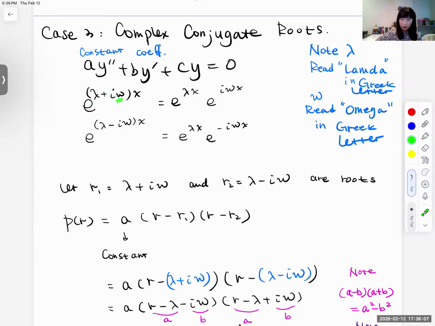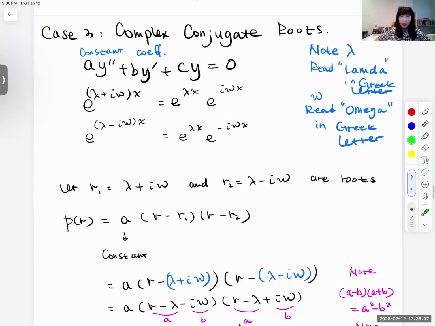And we call this omega, looks like a W, but omega, okay? So lambda plus i omega times x, we can split with the distribute. So lambda x, and then we split i omega x, yeah? And if we have a negative, we keep the negative there, right?